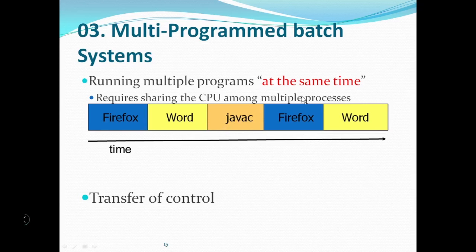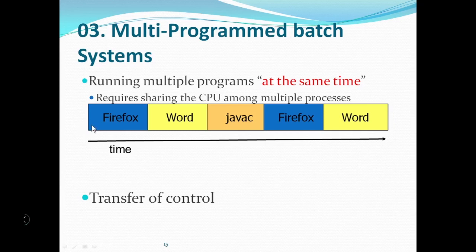To run them at the same time, the CPU should be shared among these processes. That is called transfer of control. Transfer of control is called a context switch.